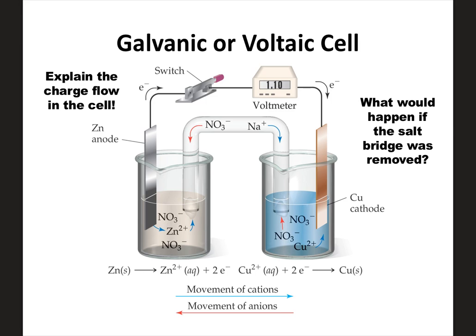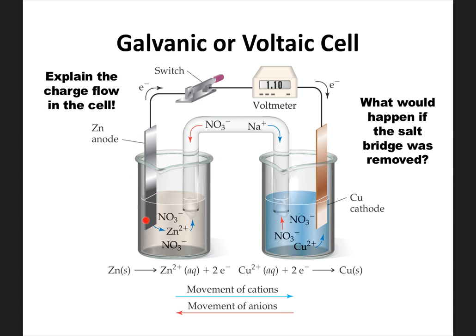Once you know what's the anode and what's the cathode, you need to realize you need to have the solid metal itself in a 1 molar solution that has the ions of itself. So this would be labeled as a 1 molar solution of zinc nitrate. You would have to actually label that.